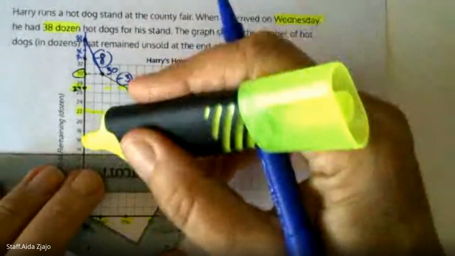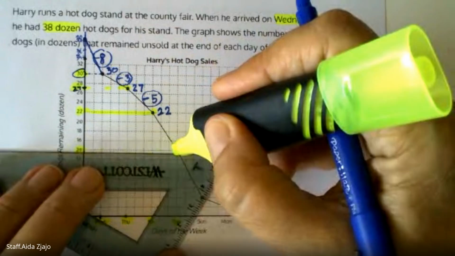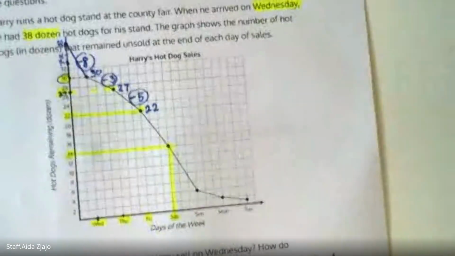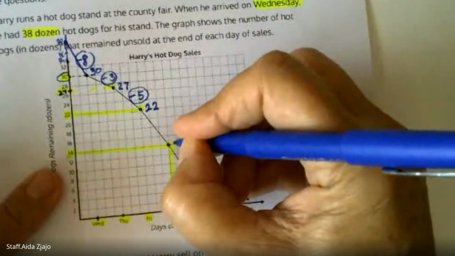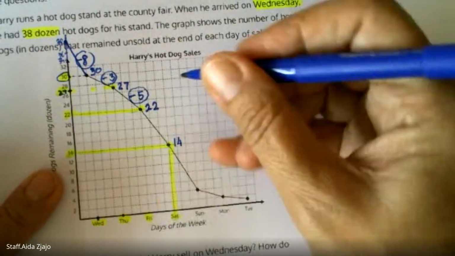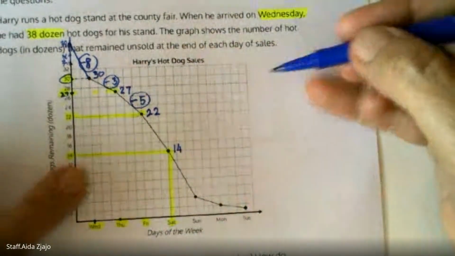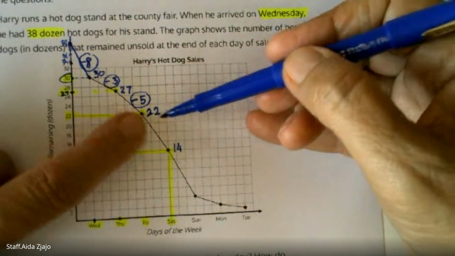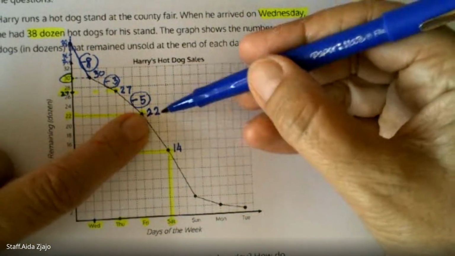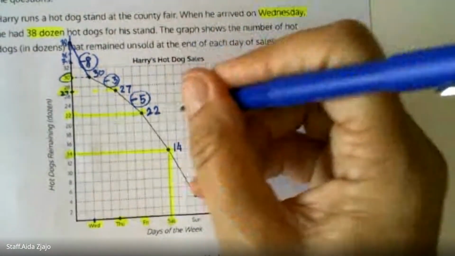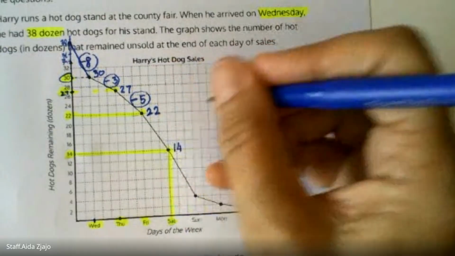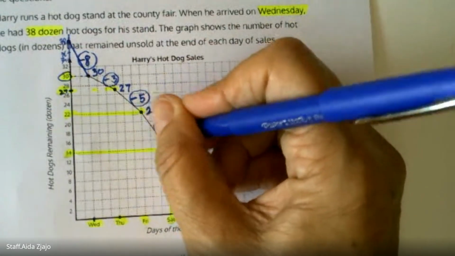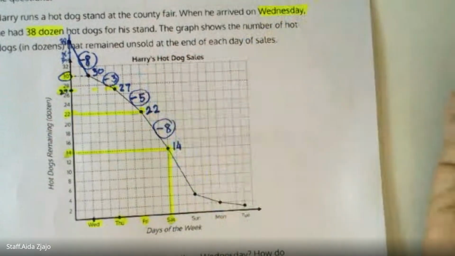At the end of Saturday, he had 14 hot dogs. So from 22 to 14, we can say 20 minus 10 is 10, and then 10 minus 4 is 6, plus 2 is 8. So he sold 8 hot dogs, because 8 and 14 is 22.